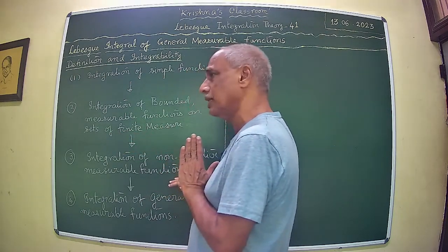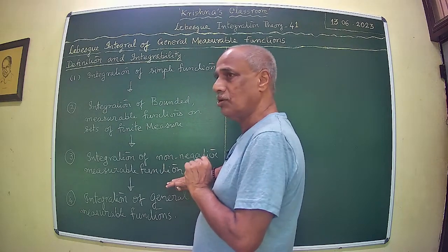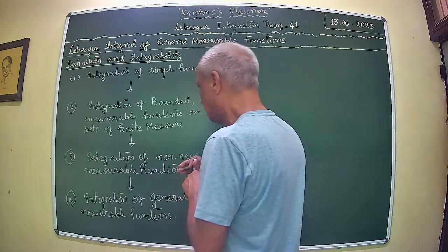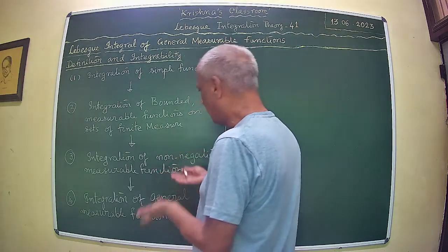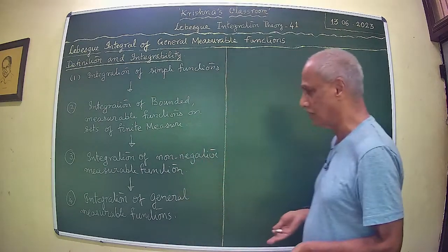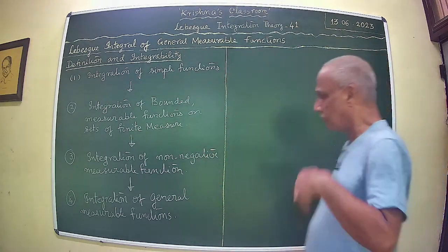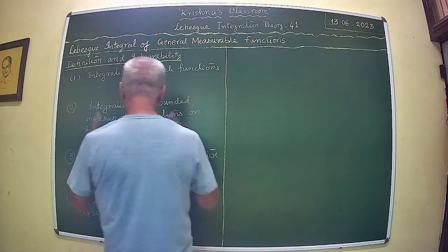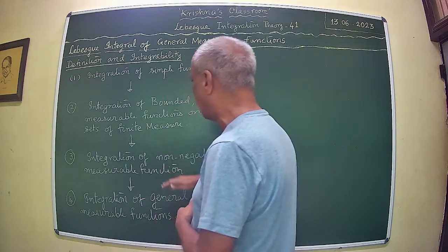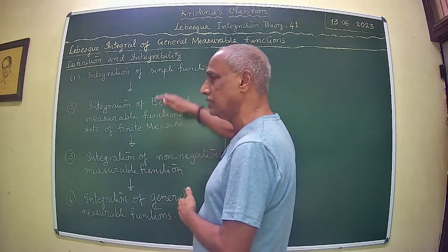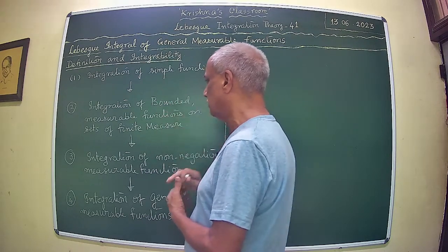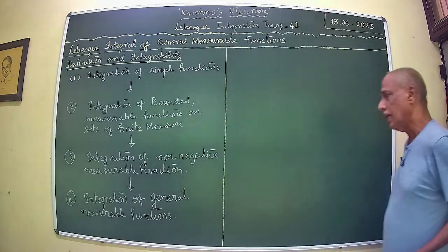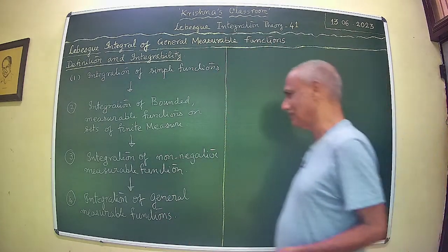Here we have not assumed that your function is defined on a set of finite measure, could be on the whole of R, or some unbounded measurable subset of that. All these are possible, but then we have successfully approximated every function of this class using the class of functions considered in the second stage, and then of course we use the limiting process.